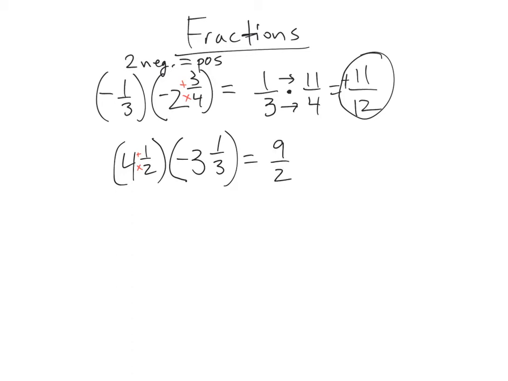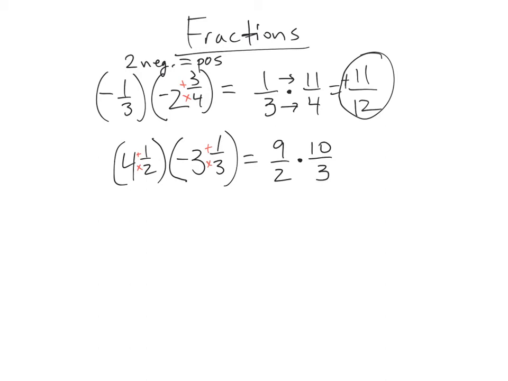Notice you just keep the denominator. 3 times 3 is 9 plus 1 is 10. So we end up with times 10 over 3.